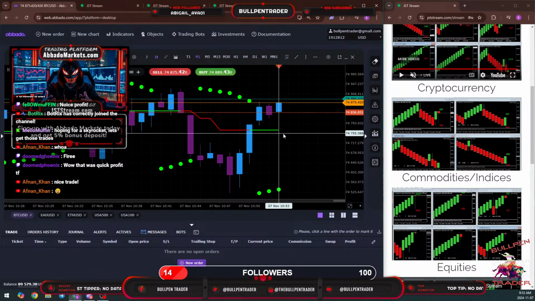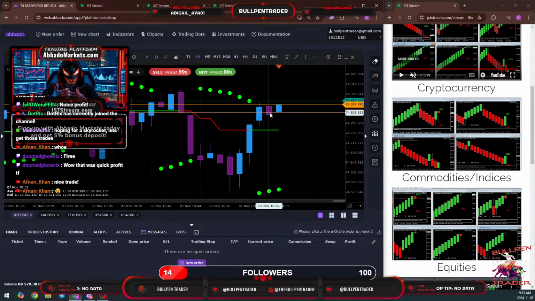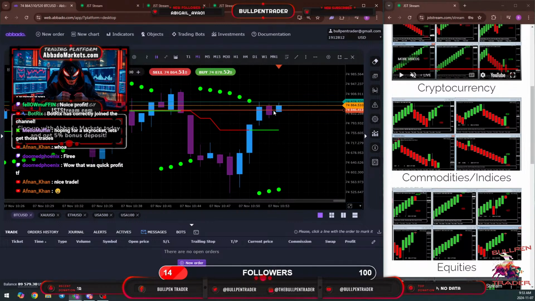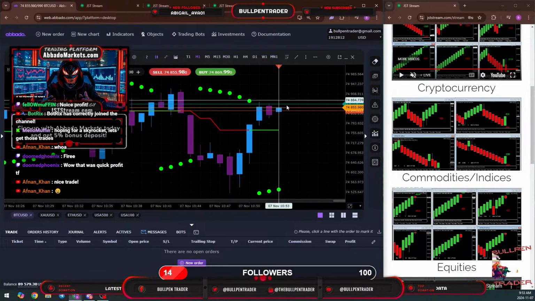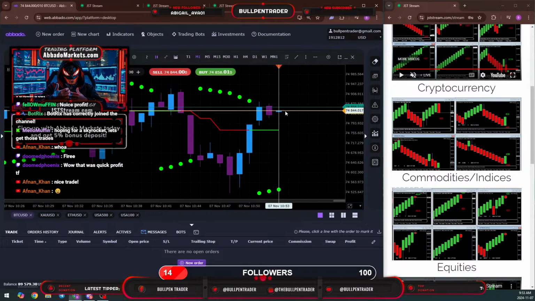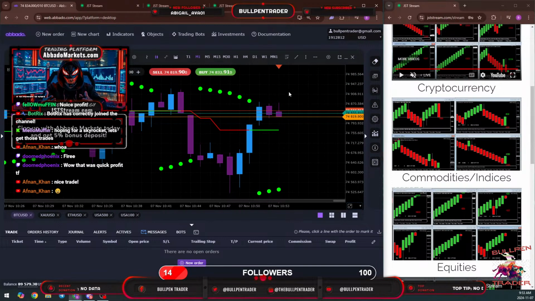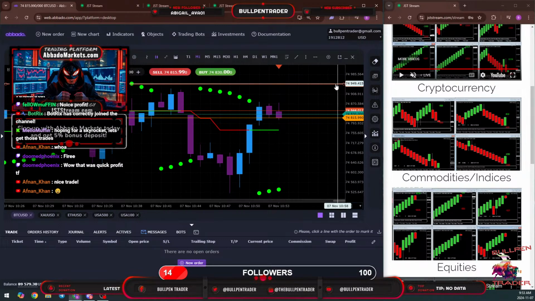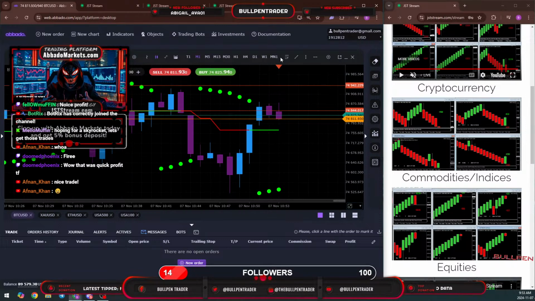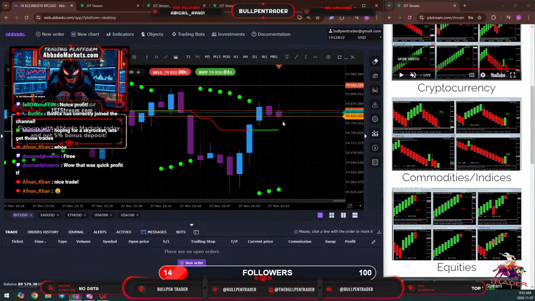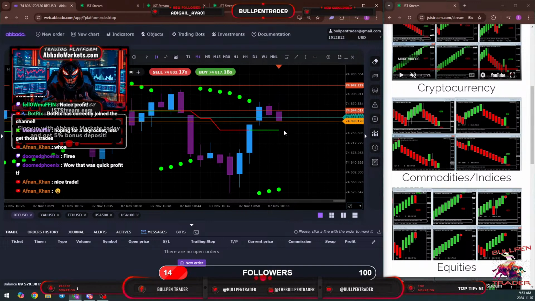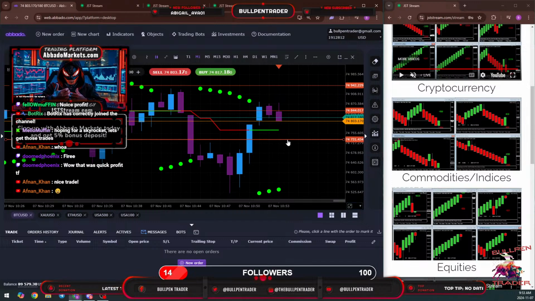That's with the pullback. Because I didn't enter the trade, I can even move my entry up a little bit more. Let's just see. Let's do some paper trading. Let's see where that trade closes. My entry is 844, so 944 is going to be my take profit, and 744 is going to be my stop loss. All right.